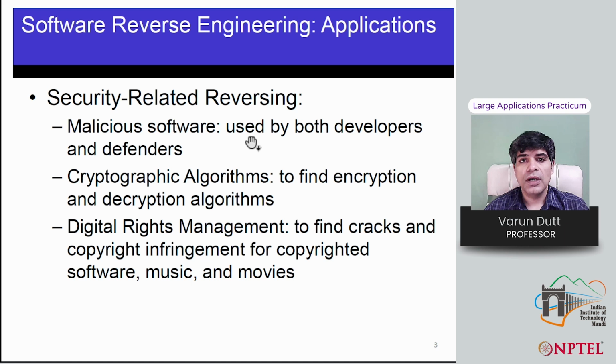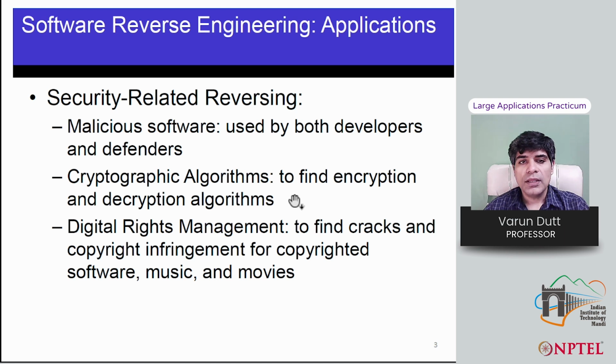If some software can be broken or cracked, one can use software reverse engineering to understand how to develop cracks, so as to prevent tampering of the software. We can also use it to find encryption and decryption algorithms, and particularly the efficacy of such algorithms.